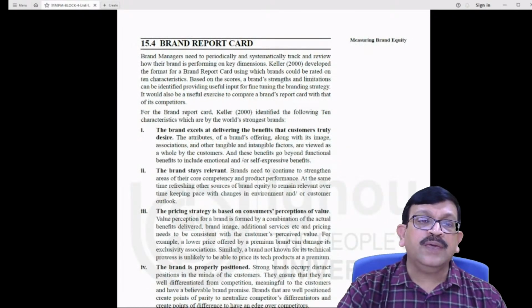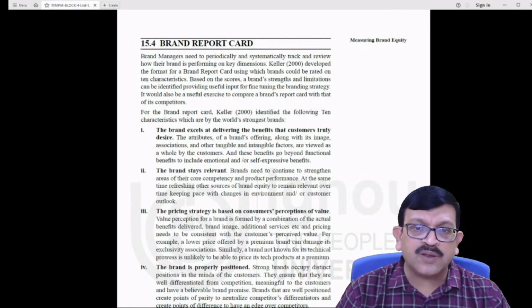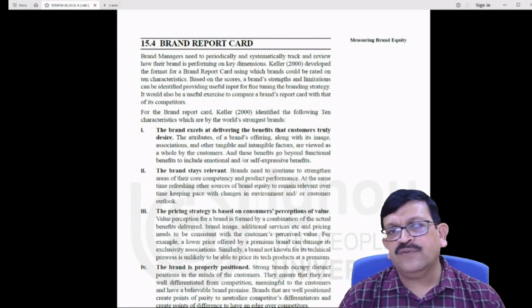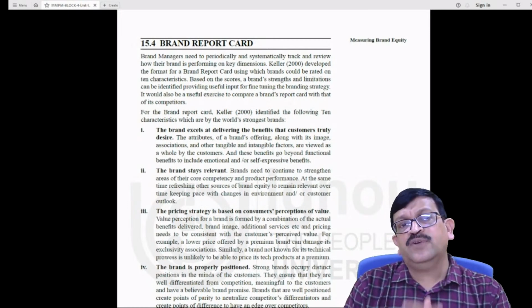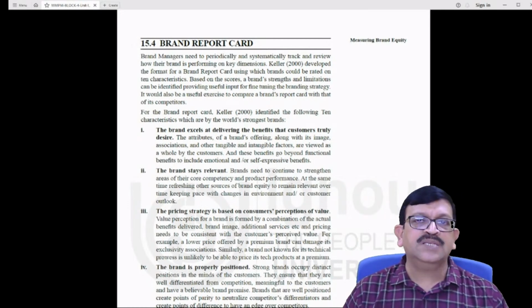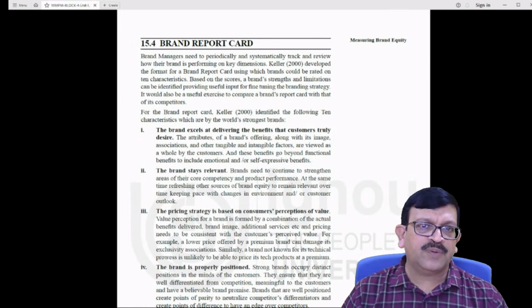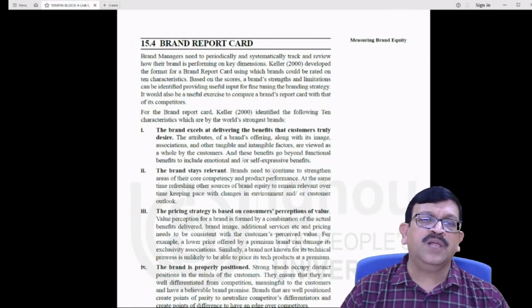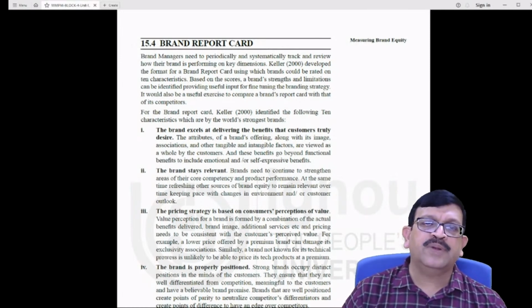Moving on to the brand manager's report card. This is a part of a brand audit exercise that tells you the health of the brand. Like we have a report card for ourselves, we give examinations and see how we did. For a brand manager, it is also important to look into how the brand is performing, what its strengths are, how it connects with the customers, and whether it is financially viable, so they can build on the credibility the brand has built.